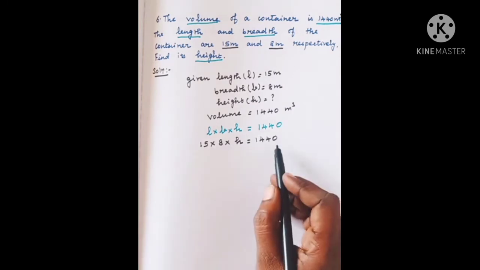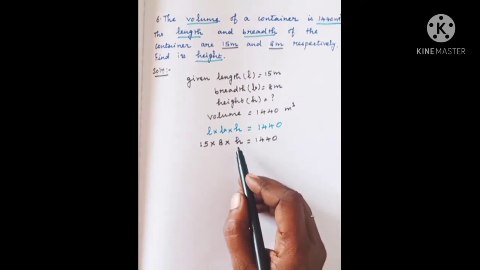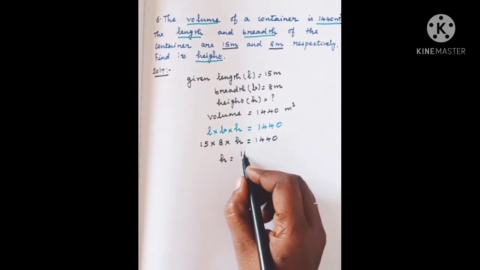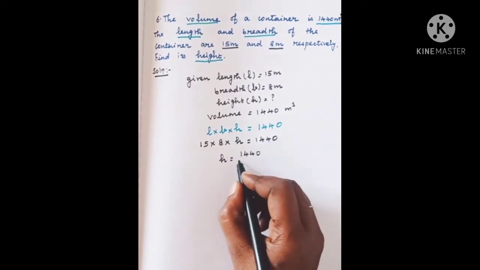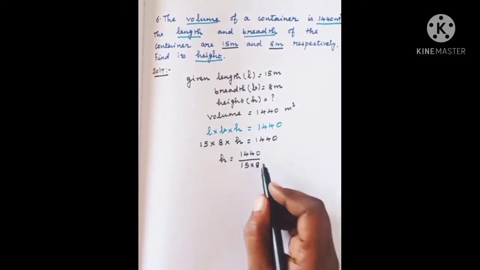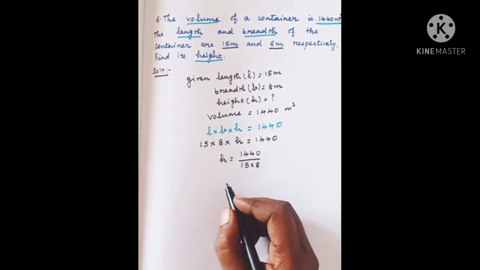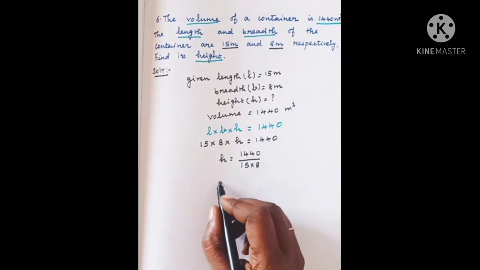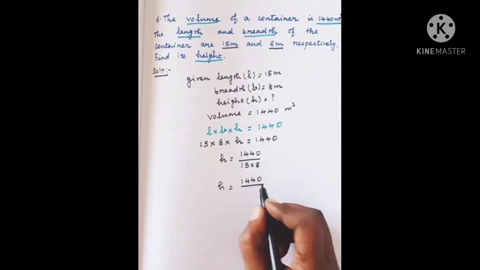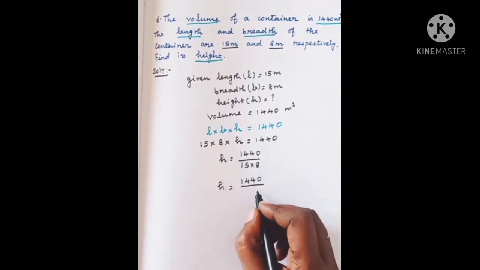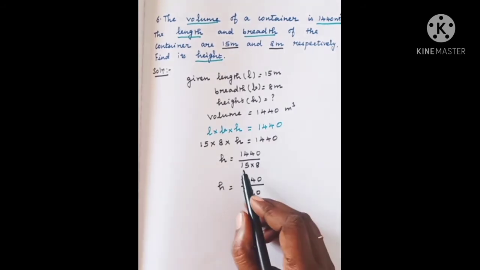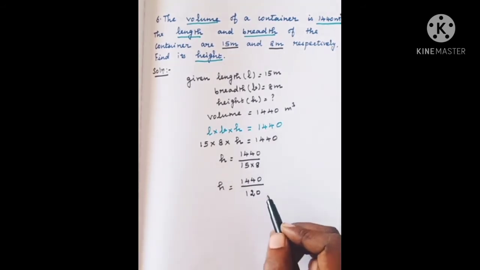Now in this equation we have to find the value of H. So H is equal to 1440 divided by 15 into 8. Multiplying these two numbers, you will get 120.